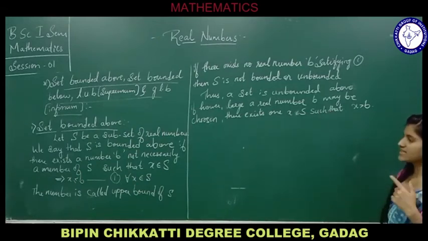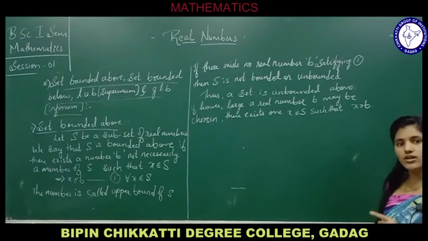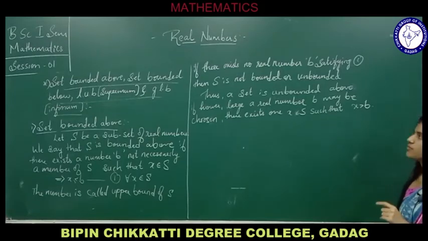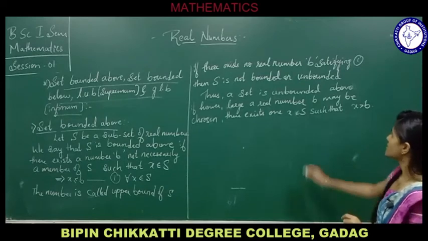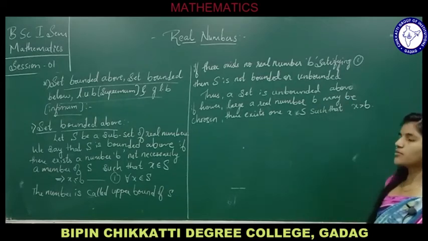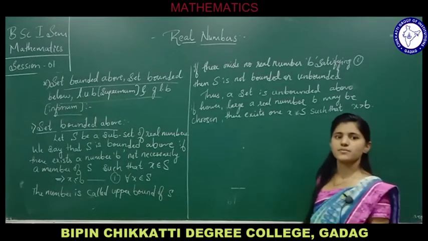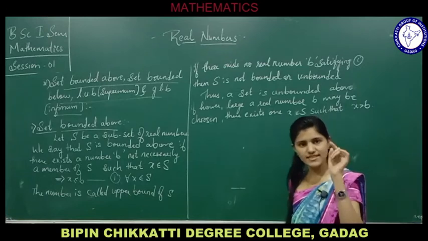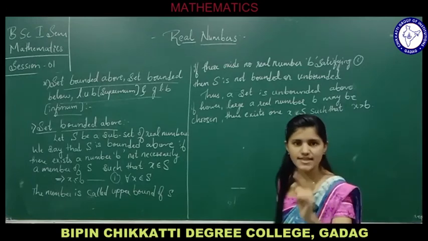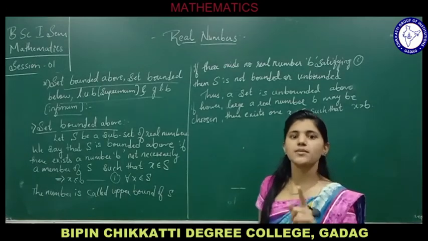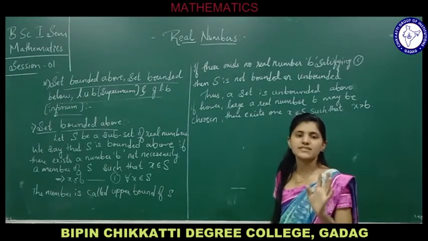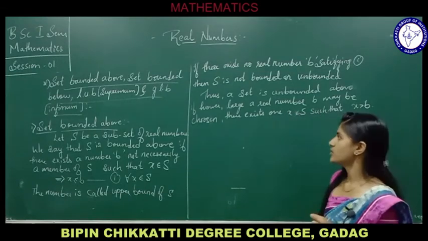Then we say S is unbounded. Thus, a set is unbounded above if, whatever large number B might be, there exists one member X in S such that it is bigger than B.